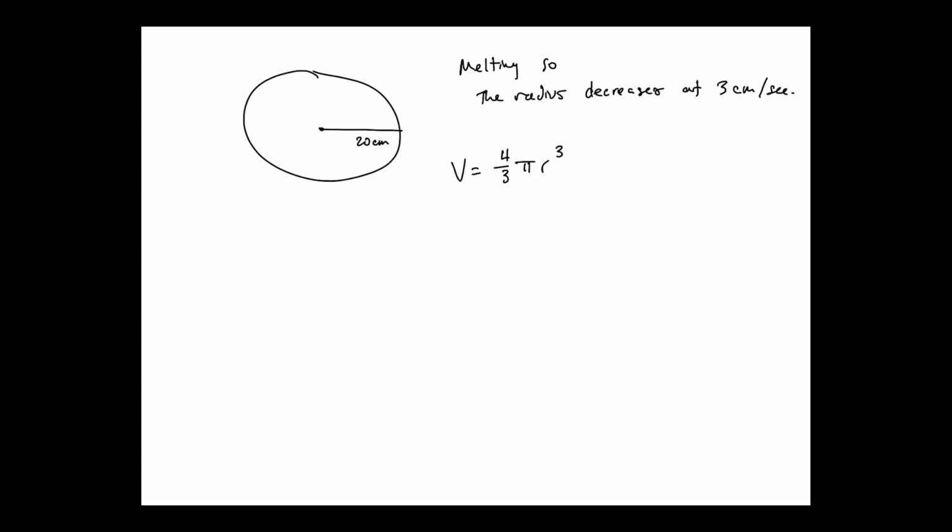All right. So what I want to do then is understand how fast the volume is changing. So V, the volume, depends on t, and so does r. So if I take the derivative of both sides of this equation, let me write it like this.